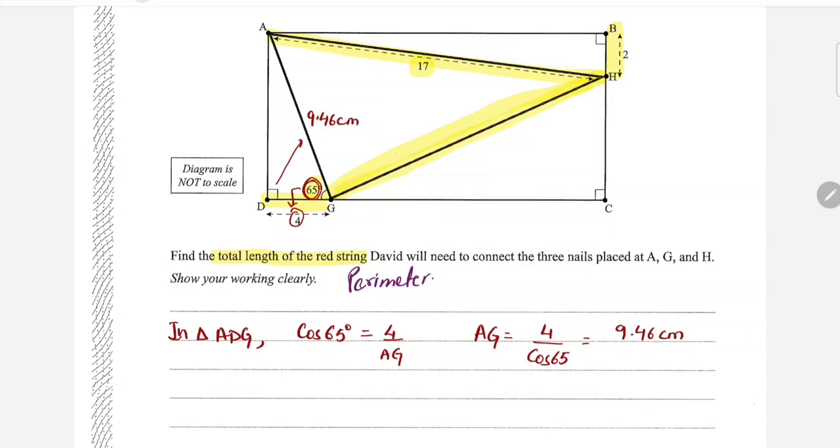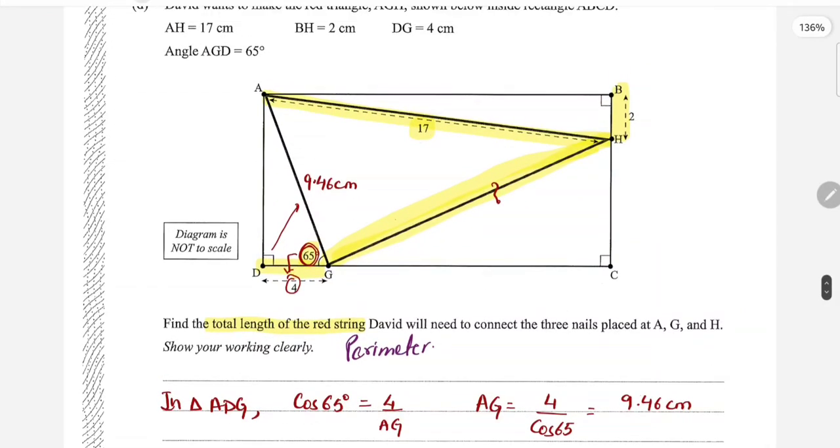So we've got that. Now we need to find GH. GH is what is left. In this case, we do not have any angle and we do not have any side. So what we might have to do is leave this for now. We have to go to the other triangle on the top here.